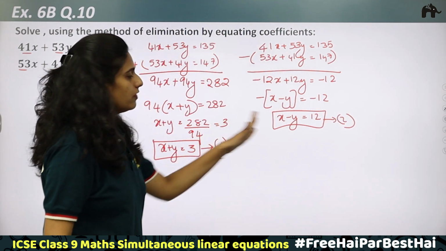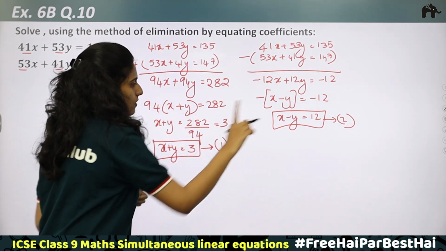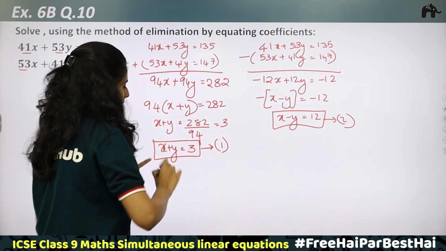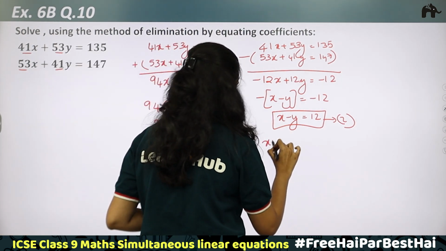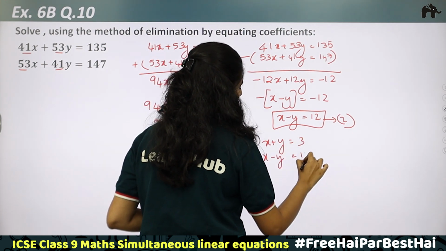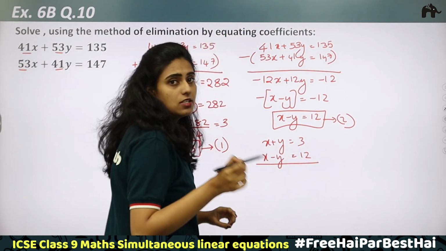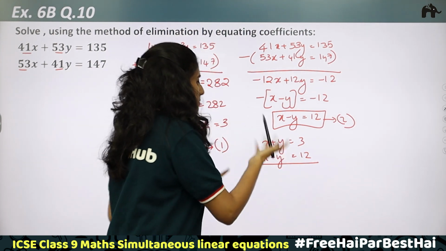Now, comparing 1 and 2, you can see that the coefficient of x is 1, coefficient of y is 1. When you take y, here you can see positive and here you can see negative sign. So, x plus y is equal to 3, x minus y is equal to 12. So, I am going to add the first and second equations. You can also subtract the equations.